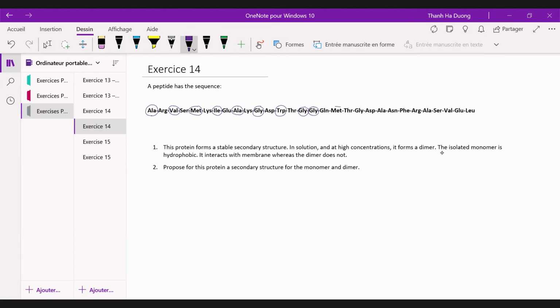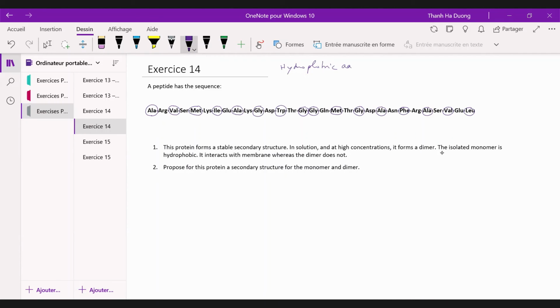After we have methionine, lysine, alanine, phenylalanine, alanine, valine, and leucine. So in violet are the hydrophobic amino acids.